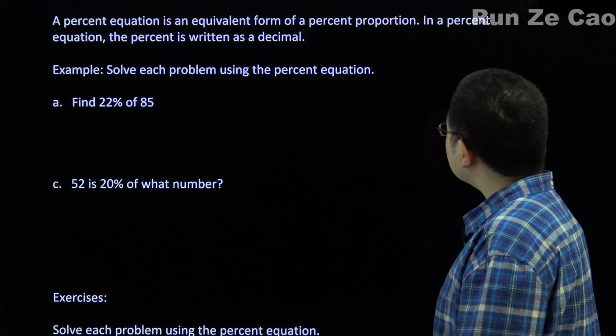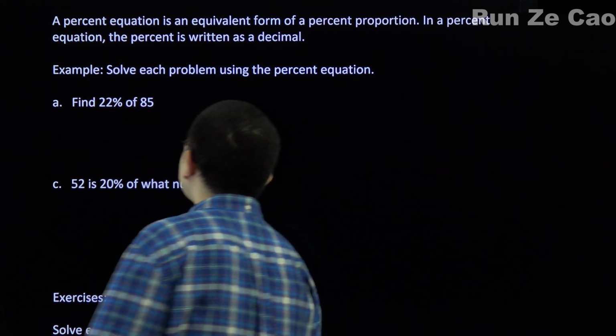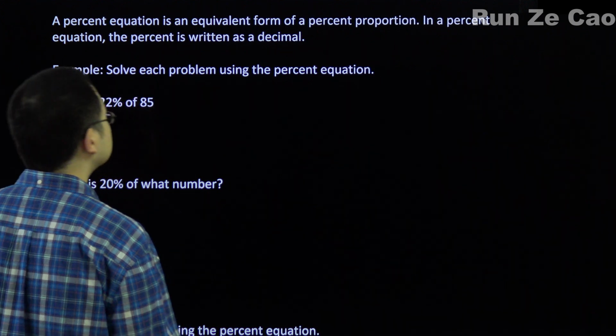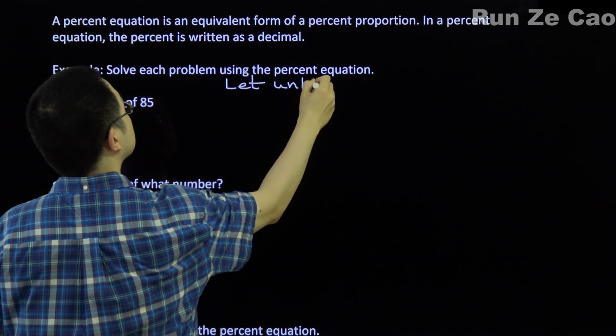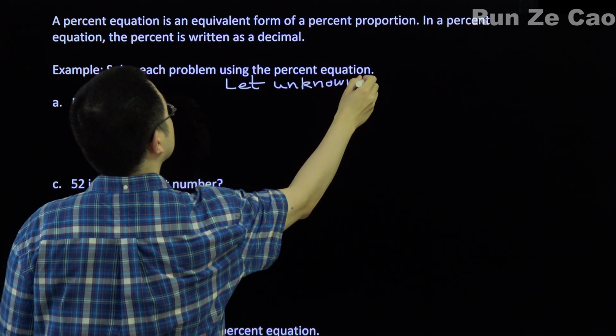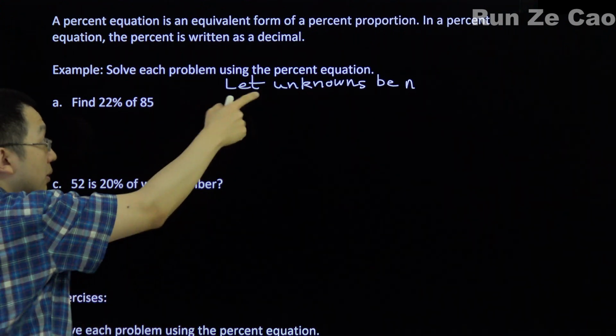Solve each problem using the percent equation. Find 22% of 85. Well, let unknowns be n. It says use the percent equation.